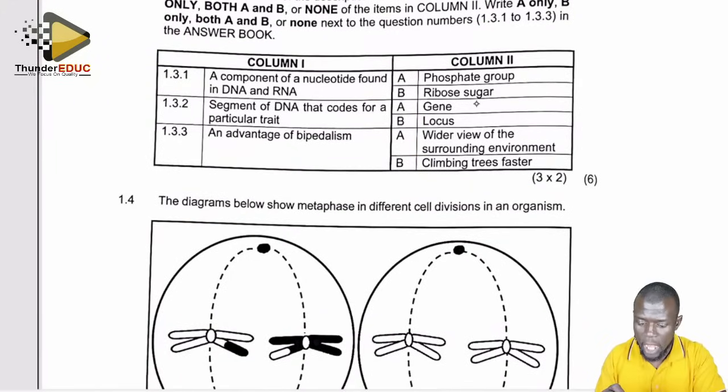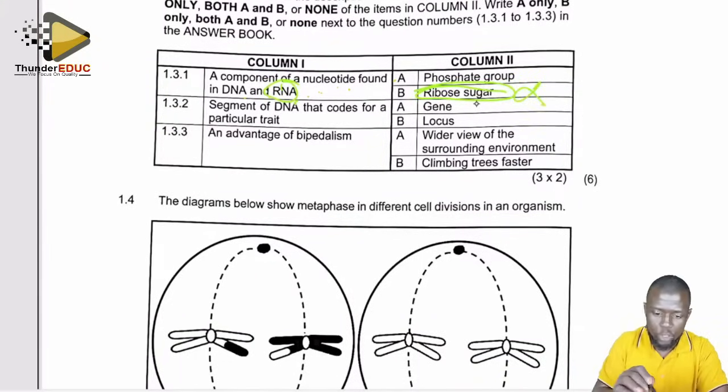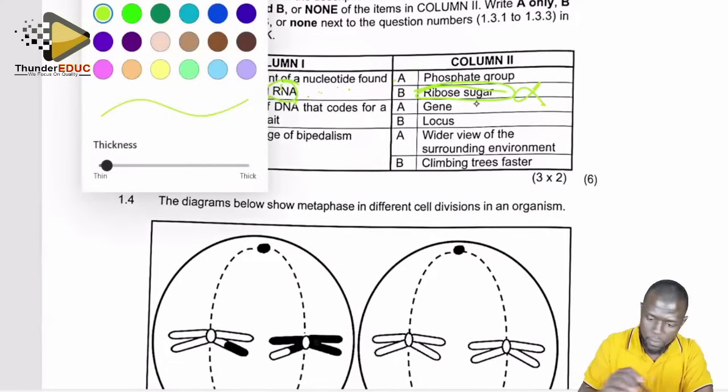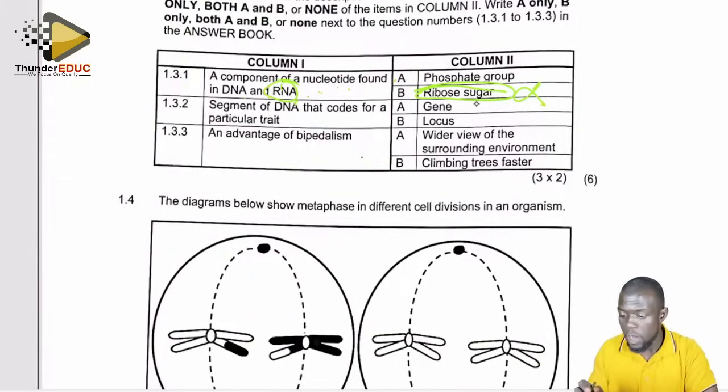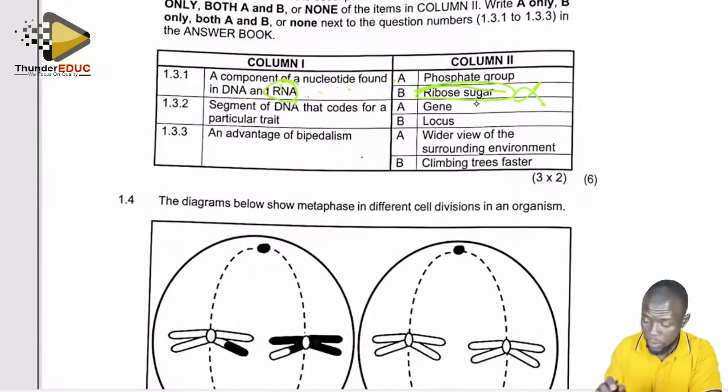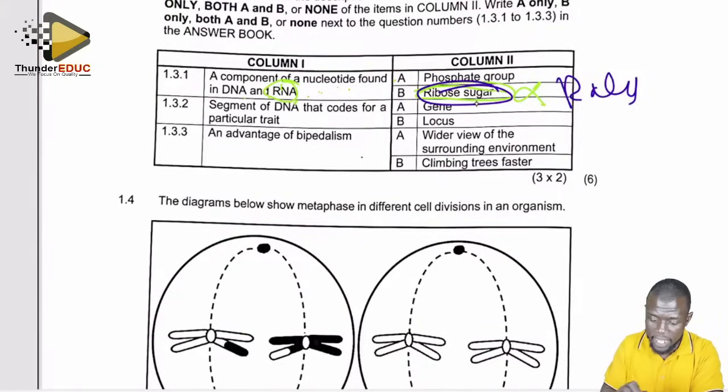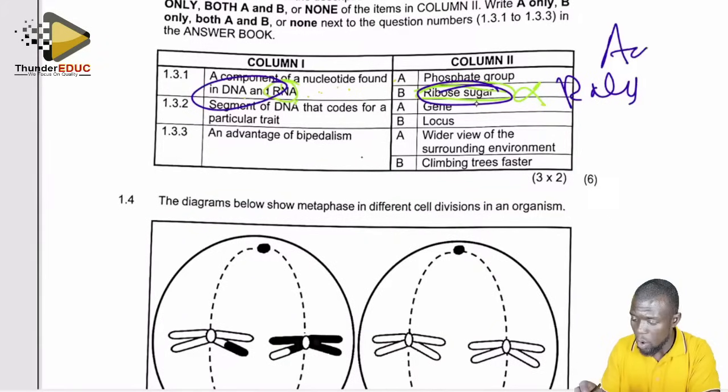They are saying a component of nucleotide found in DNA and RNA. They're saying DNA and ribose sugar. No, this one is found only in RNA, but they said DNA and RNA, so the answer becomes A only.